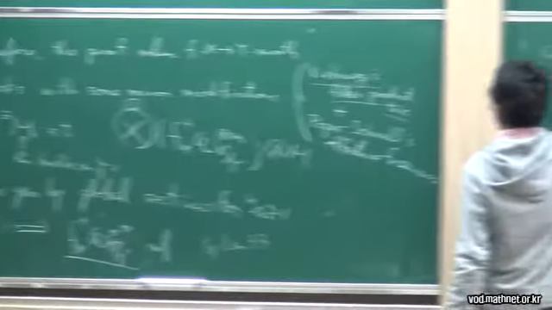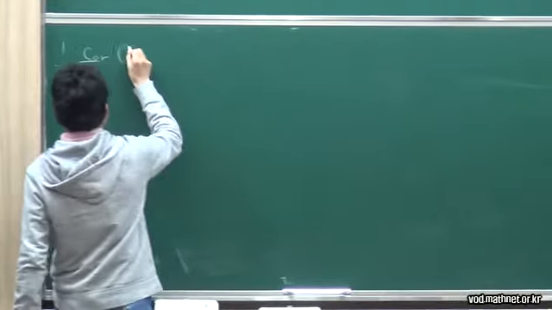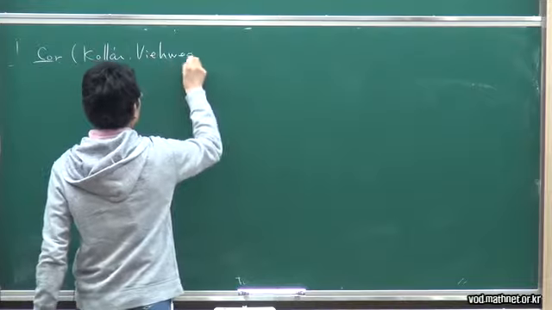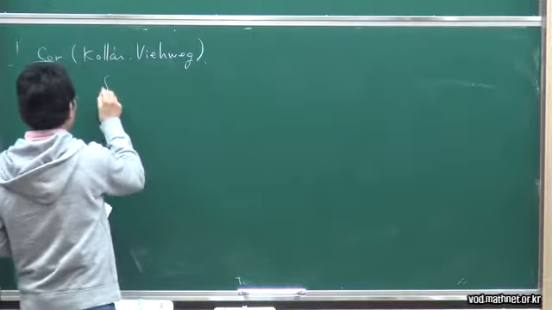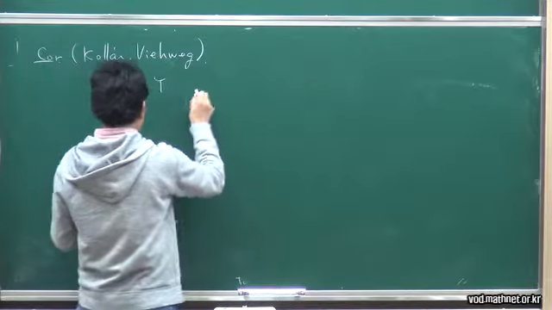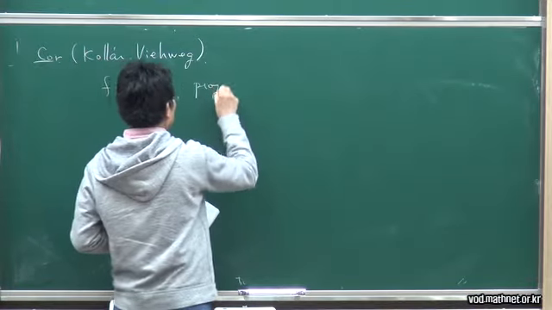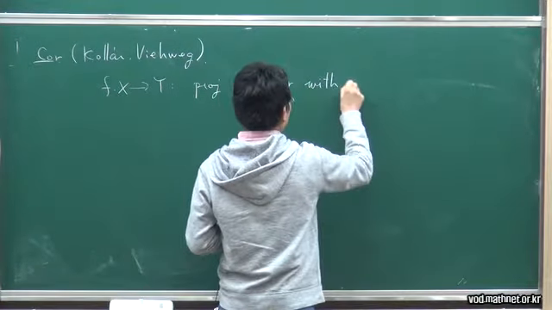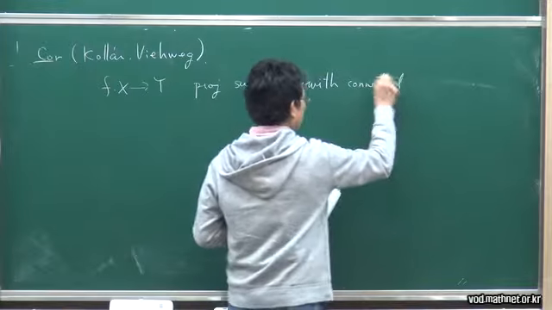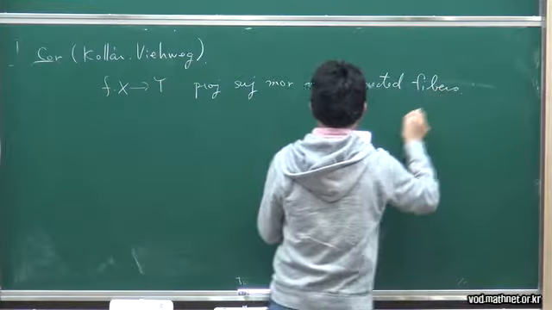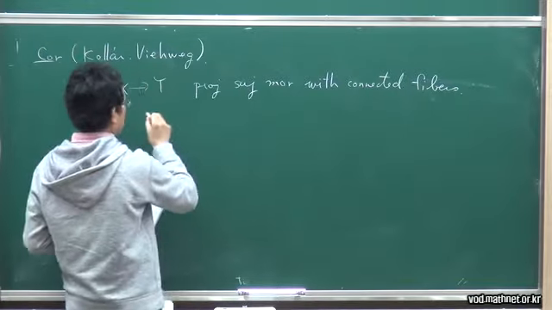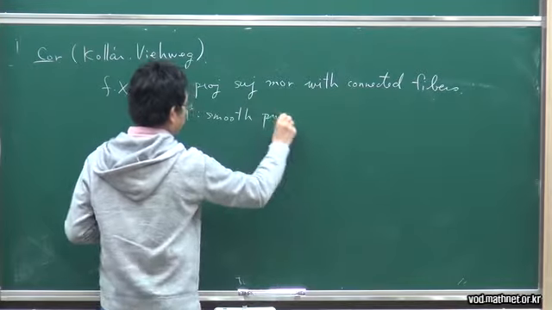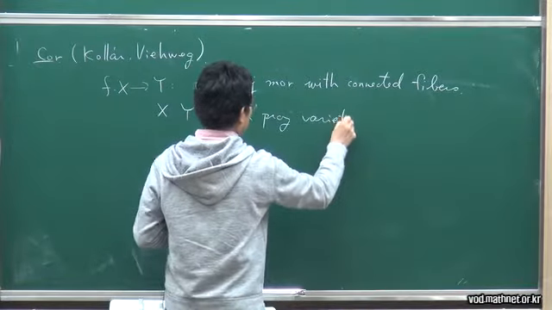So as a corollary, this is Kollár and Viehweg. f: X to Y is a projective surjective morphism with connected fibers, and X and Y are smooth projective varieties.